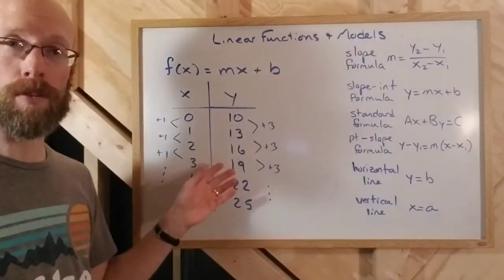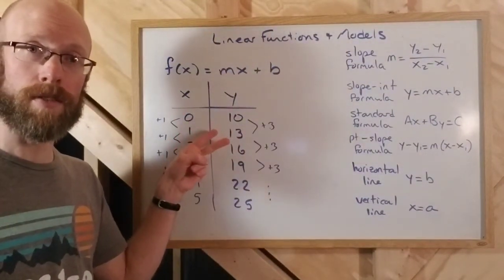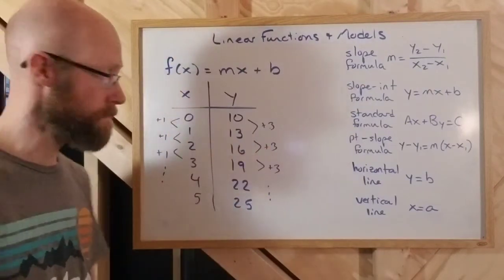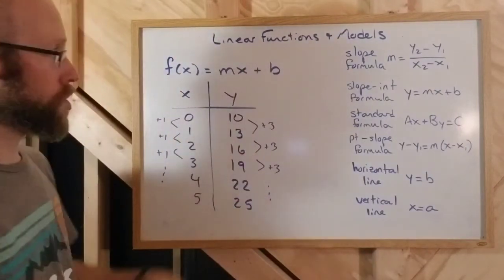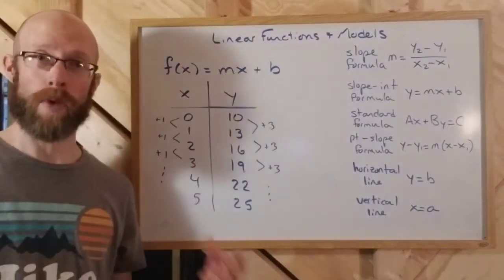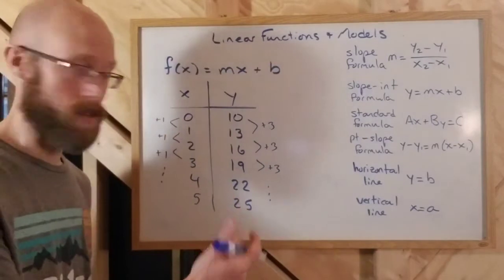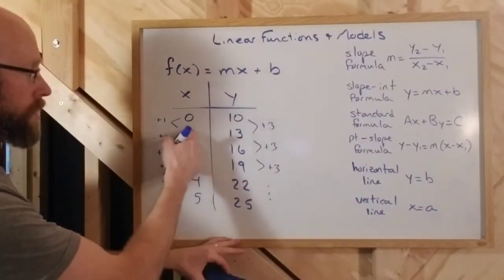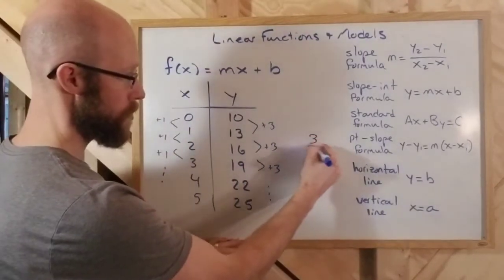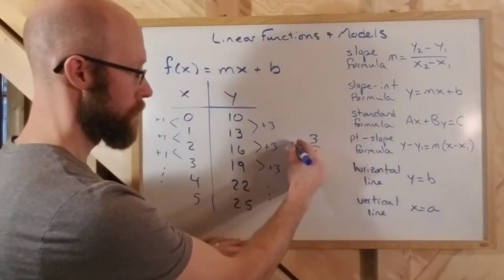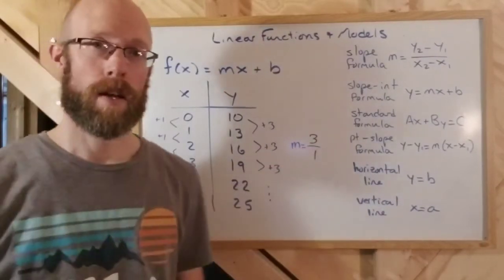So that's going to be very important, to be able to find that difference between each pair of points and make sure that it's consistent. Now, the slope of the line ends up being the ratio of these two differences. So here, the ratio of the difference on the right to the difference on the left, 3 to 1, right? 3 to 1 is going to be the slope. Okay.